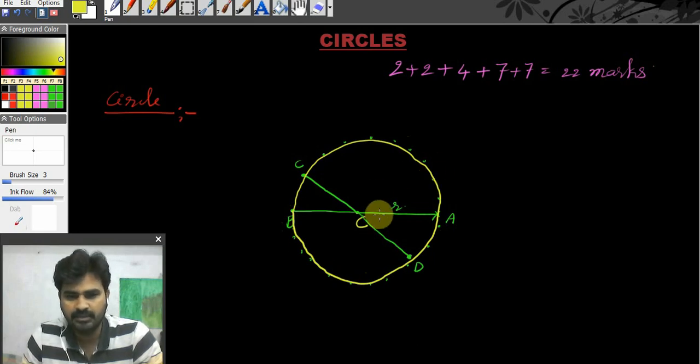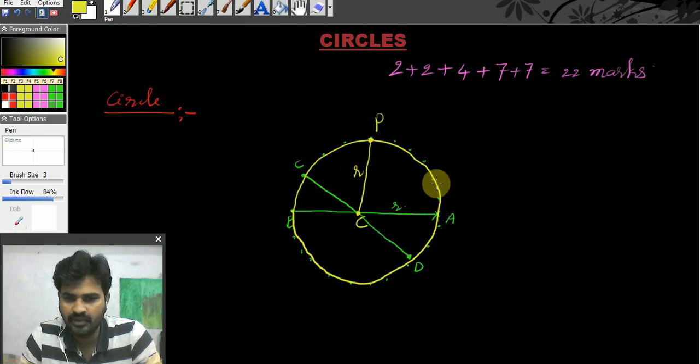That means if you have plotted points on this curve, suppose I have taken the point named P. What condition is this point satisfying here? The distance from the point C to the given point on this curve should be r unit.